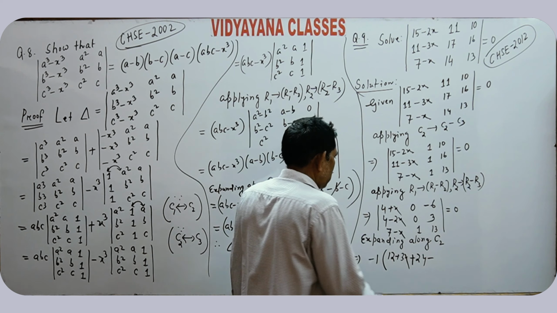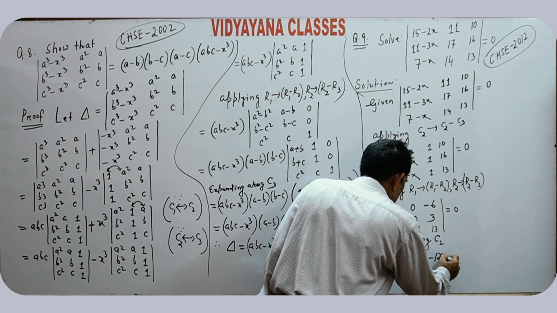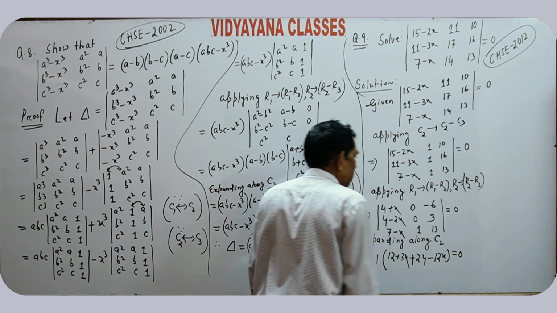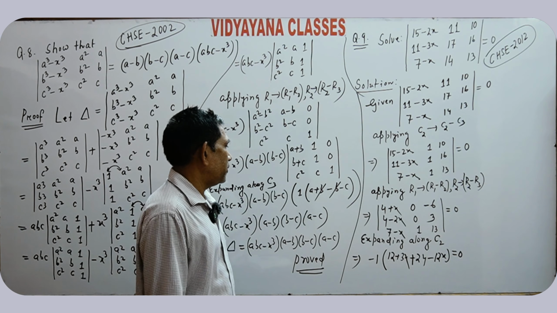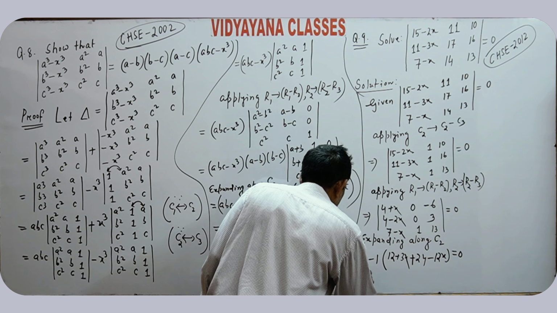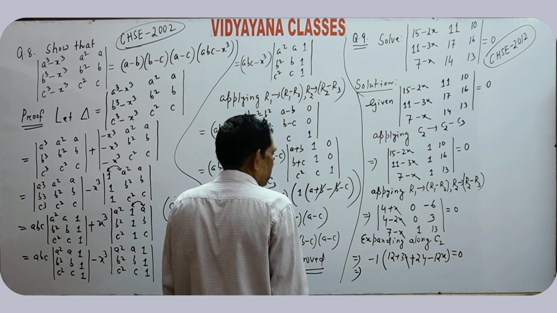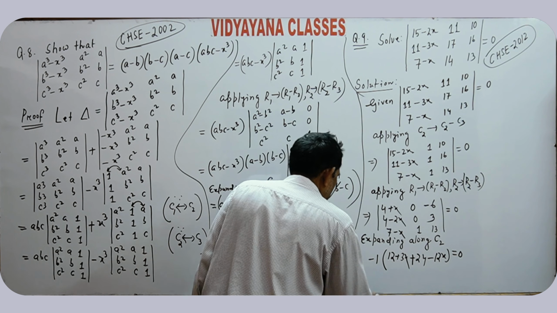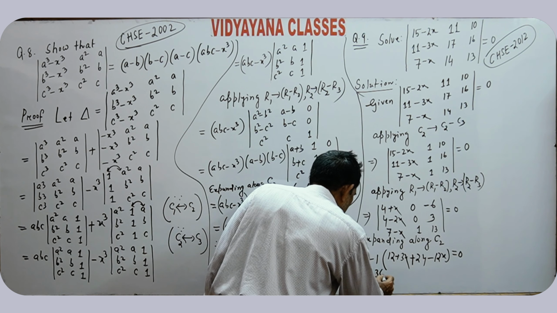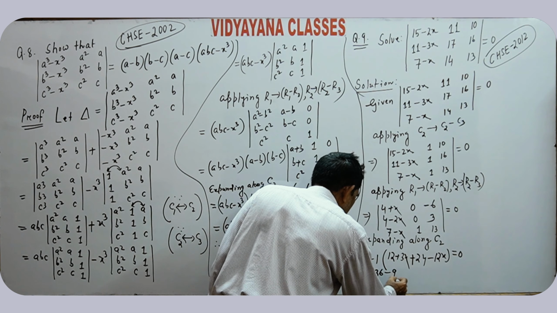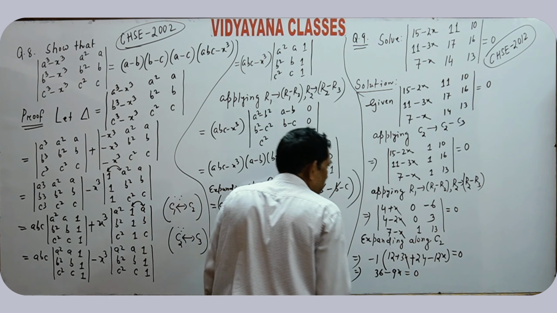24 minus 12x is equal to 0, which is the same as 36 minus 9x is equal to 0.